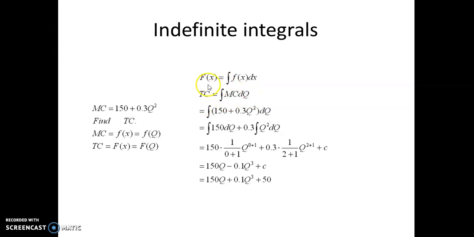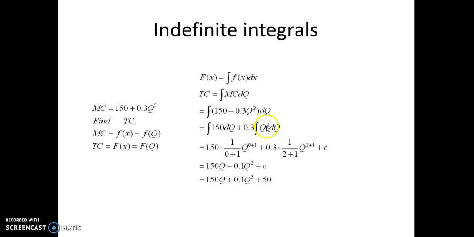Now, we are working backwards to find the antiderivative, which is total cost. So now I've put in my marginal cost function with respect to Q, and I'm going to treat these on their own. Remember, the integral of a constant is just going to be 150Q. And now with our constant multiple of a function, I'm going to take the 0.3 to the front of the integral sign, and then first integrate that and then multiply it by that constant.